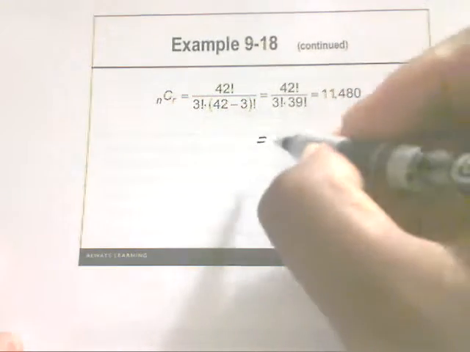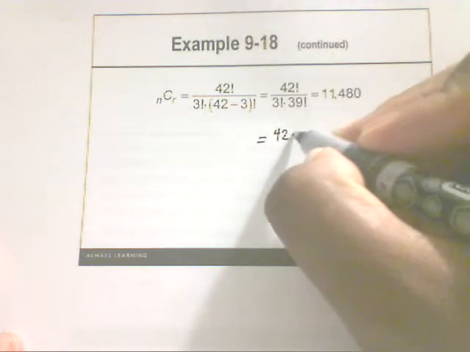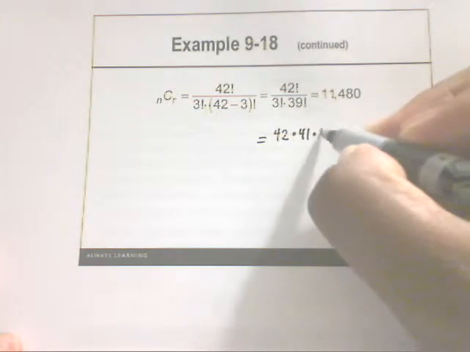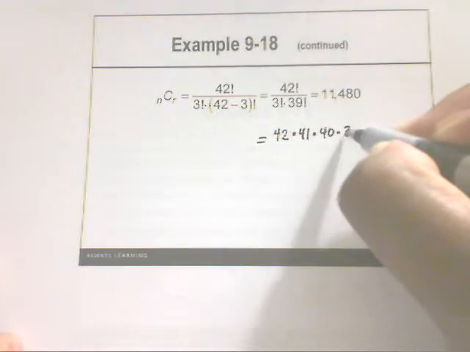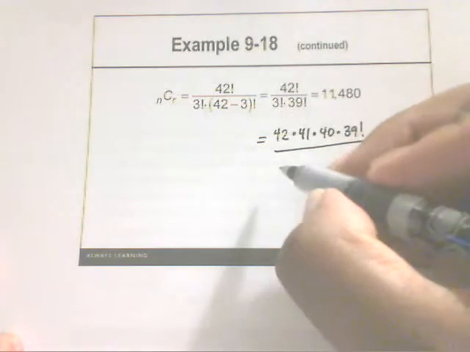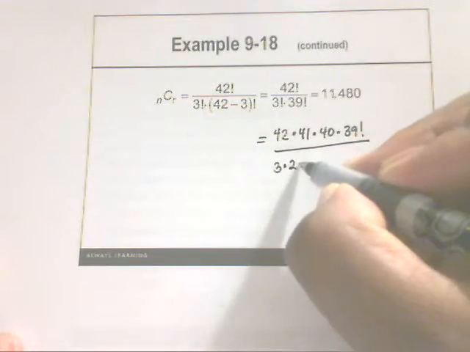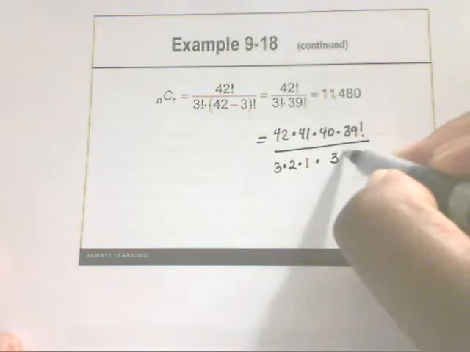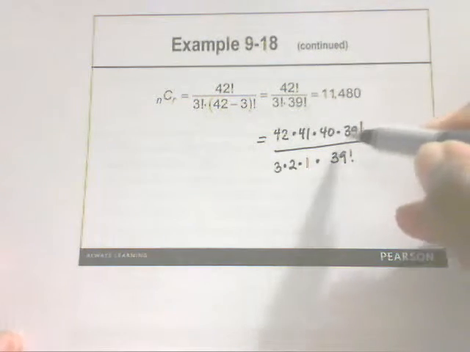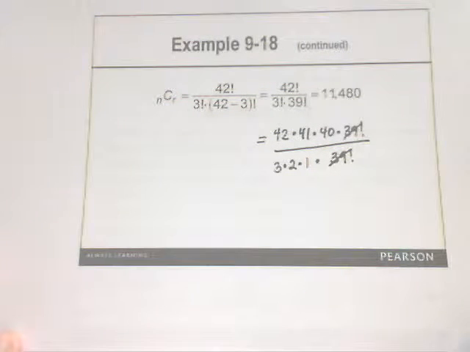Now what we can do here is expand 42 factorial as 42 times 41 times 40 times 39 factorial. Now the 3 factorial, we'll go ahead and expand that as 3 times 2 times 1. And the 39 factorial, I'll just leave as is, because I can divide out the 39 factorials.